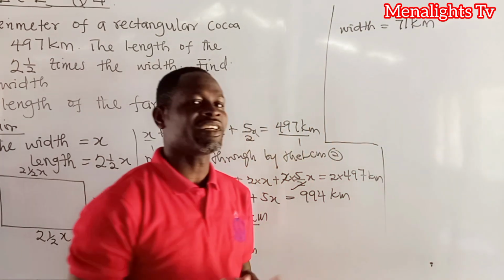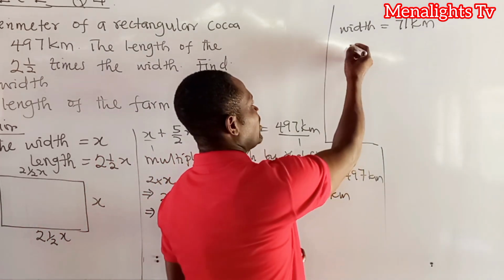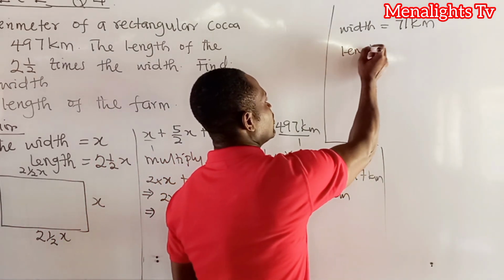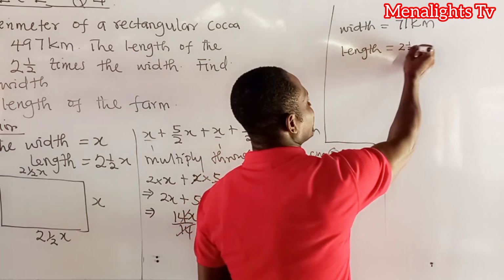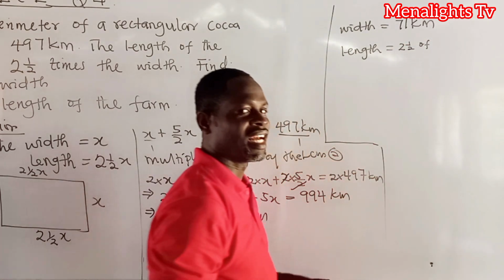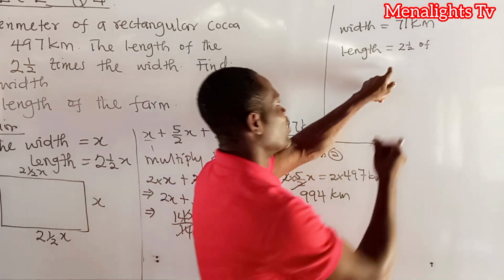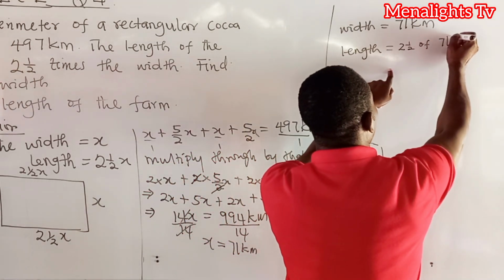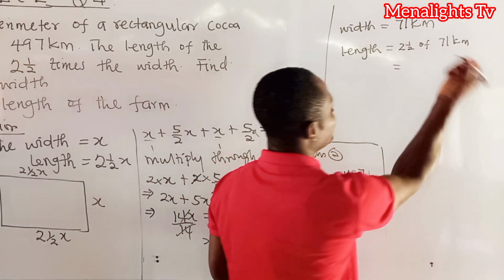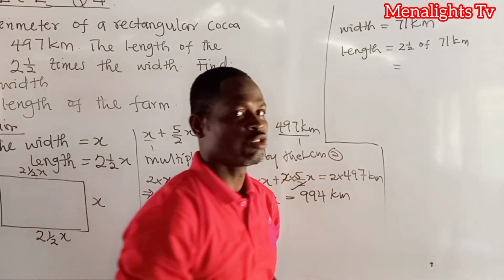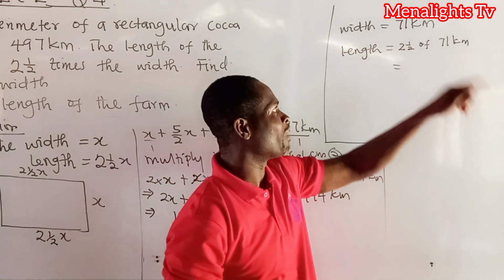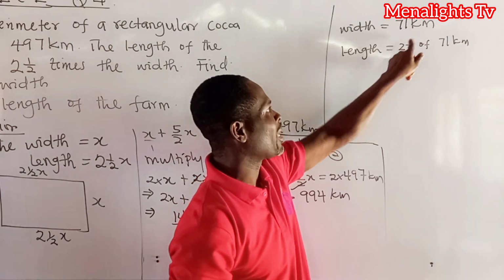So if the width is 71 kilometers, we know that the length is equal to 2.5 of the width. And here the width is 71 kilometers. So that will be the same as 5 over 2, when you convert it to improper, 4 plus 1, 5.